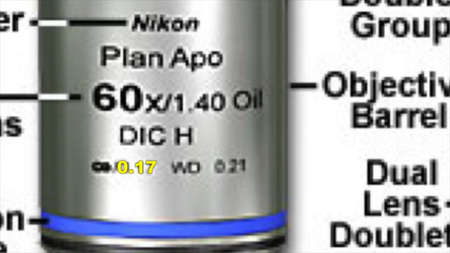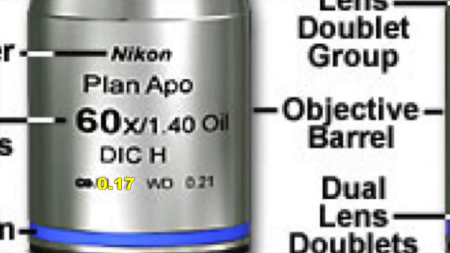That is the thickness of your cover glass. Again, in order to achieve the highest numerical aperture from your objective, you must use a cover glass of 0.17 millimeter thickness. Now this can be confusing because some manufacturers sell cover slips that are labeled number 1 or number 2 or number 1.5.